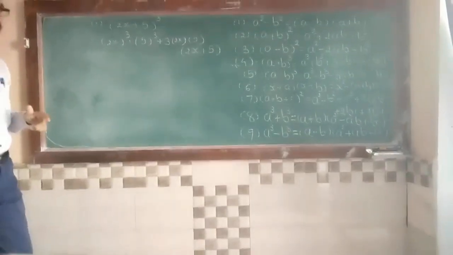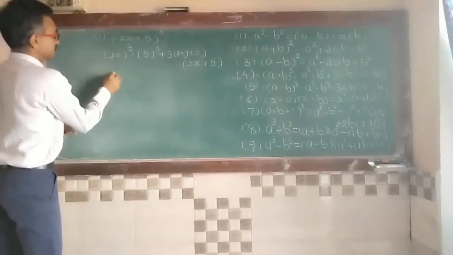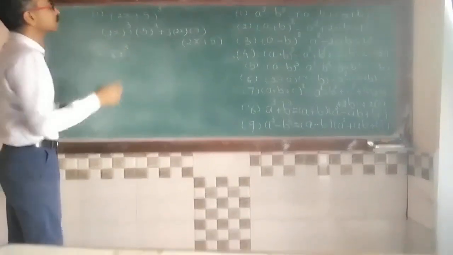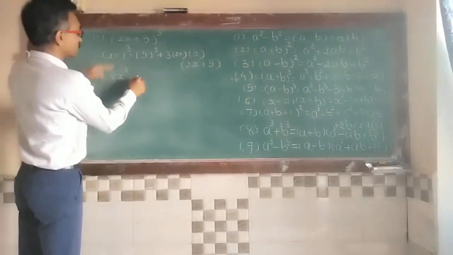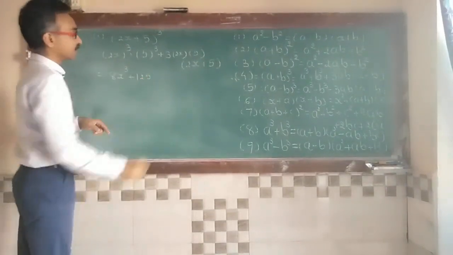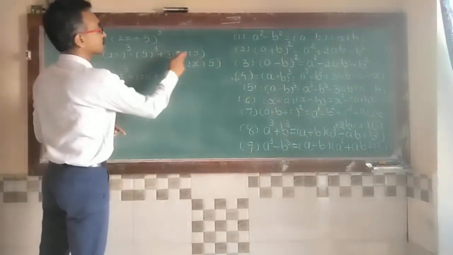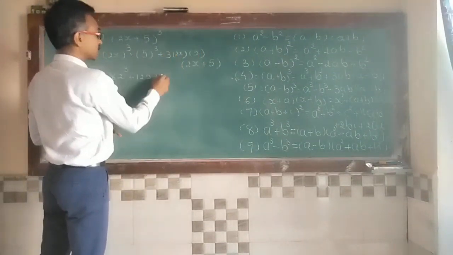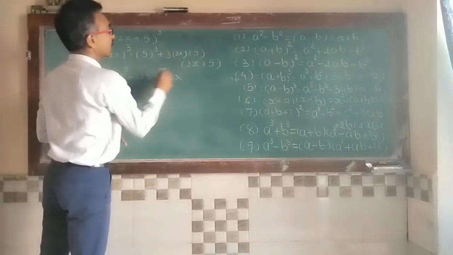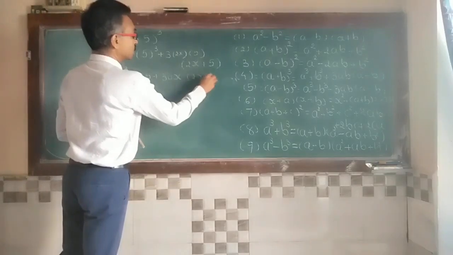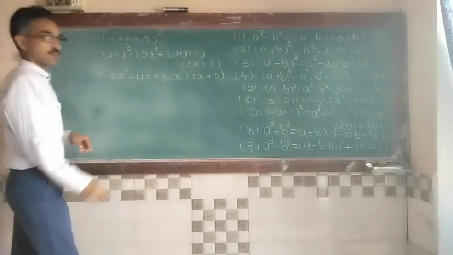Okay, so it is 8x cube plus 5 cube, that means 125, plus 5 tens are 10, 10 3s are 30x into 2x plus 5.